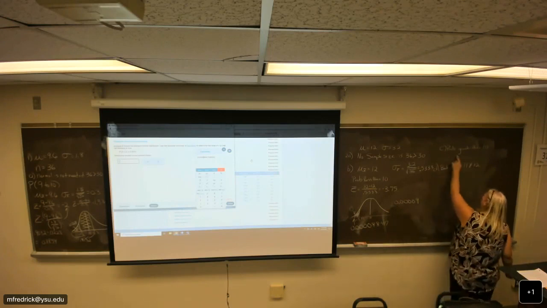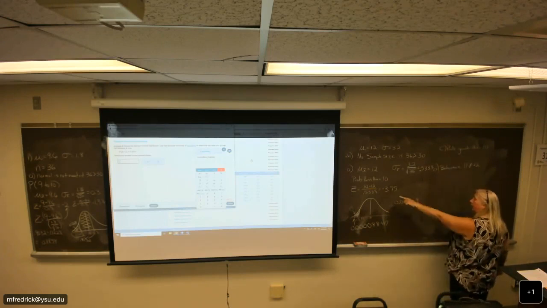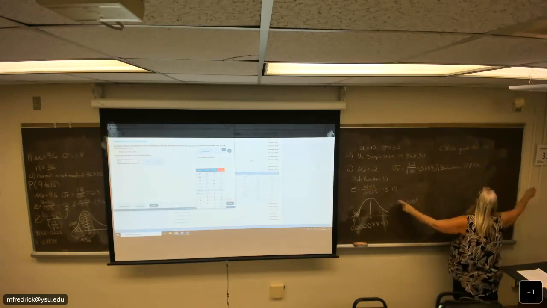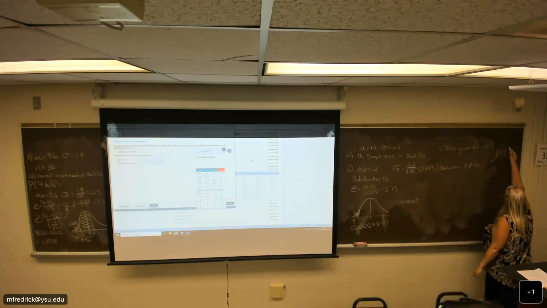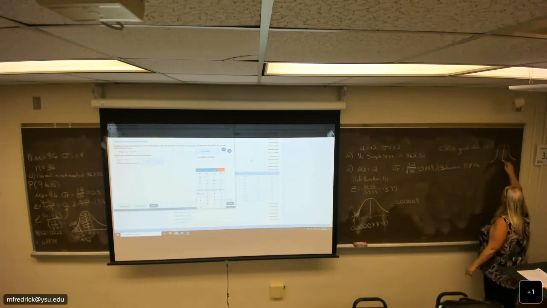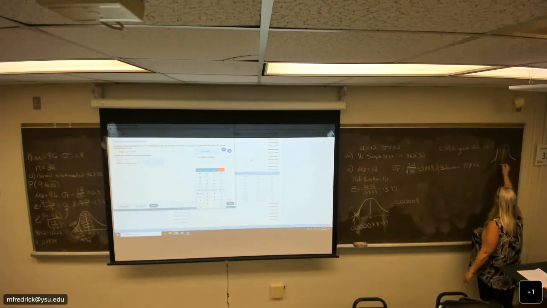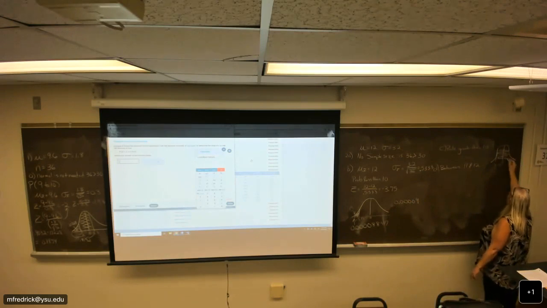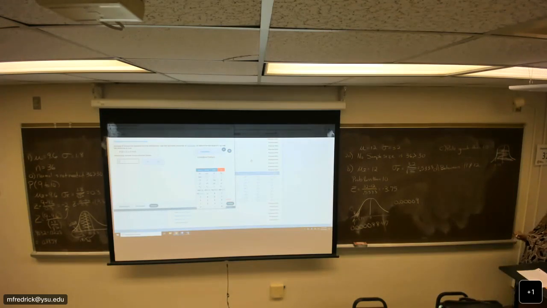For part C, it's asking for greater than 10. Well, the Z value is the same. Only this time we want greater. If we type this in, we're still going to get the value for less than.